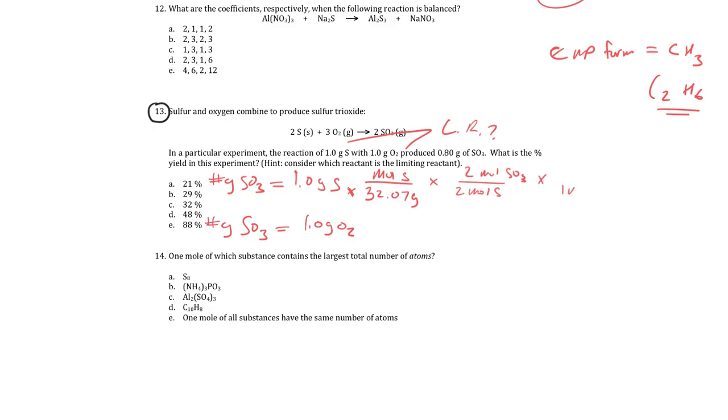And then 1 mole of SO3 would be 32.07 plus 16 times 3. That's 80.07.